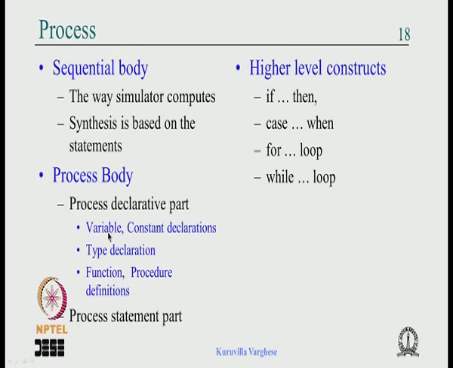Before the begin you can have variable and constant declarations, data type declarations, function and procedure definitions. In the statement part you can use higher level constructs: if then, case when, for loop and while loop. None of the concurrent statements like with select, when else and generate can be used here, and this cannot be used in a concurrent part of the code outside the process, outside the functions or procedures. That you should keep in mind.